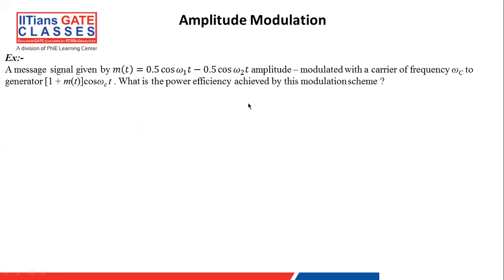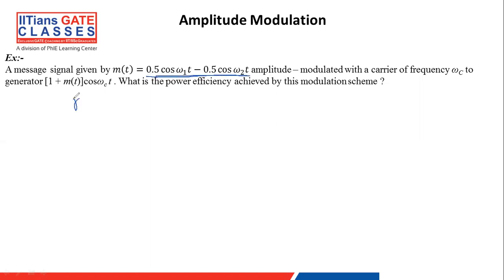Now let's take a problem. Here our message signal is given, and here the AM signal is given, and it is A plus m(t) times cos omega ct, and we need to find out what is the power efficiency. Now this is not a single tone case because we have two tones, so we won't use the second formula which was in terms of mu.